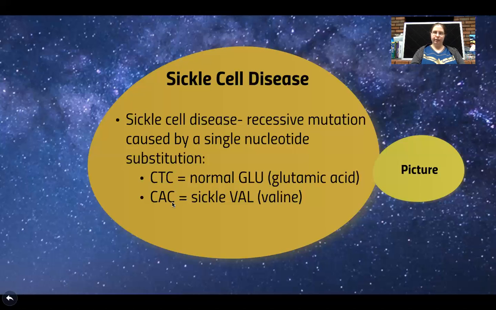And that turns the mRNA into GUG, which codes for valine. Now, even though it's just one amino acid that's different, it's going to affect how the amino acid chain can actually fold up into a 3D structure. And because it affects how it folds up, it will have an effect on the expression of the beta-globin subunit.